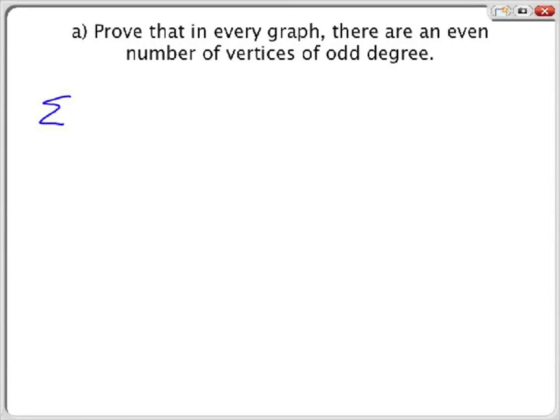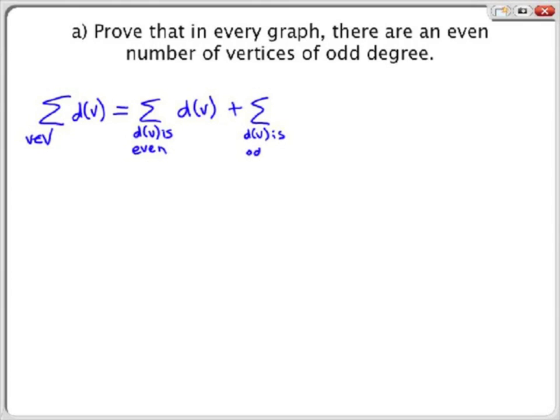The solution to part A, as we showed in our proof, is that partitioning the vertices into those of even degree and those of odd degree, we know that the sum of all degrees equals the sum of all degrees that are even plus the sum of all degrees that are odd, as shown by this equation. By the handshaking theorem, the value of the left-hand side of this equation equals twice the number of edges, and so is even.